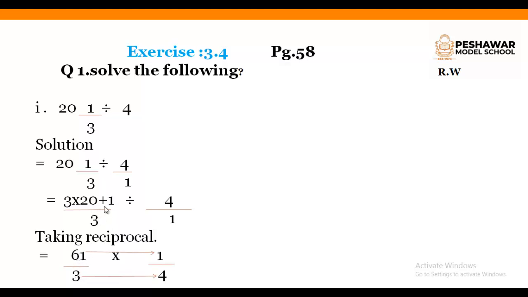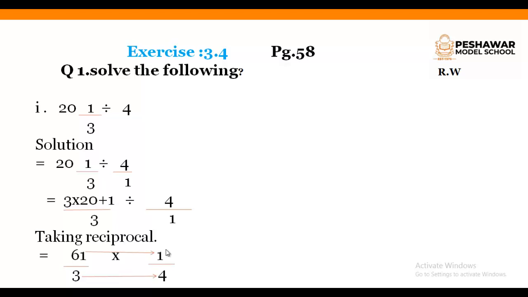When you multiply and add the number, you will get 61 by 3, and the divide sign will change into multiply. Look at the fraction. Divide is going to change into multiply, and when you put the sign of multiply, then you have to take the reciprocal of the next fraction, that is 4 by 1. Reciprocal is 1 by 4, just make the numerator the denominator and the denominator the numerator.